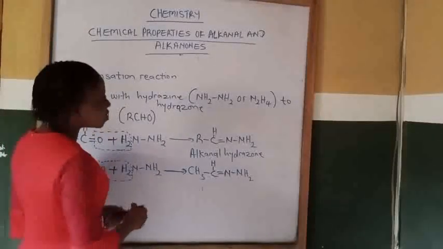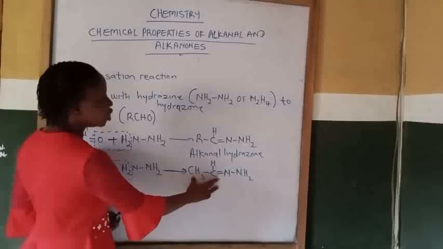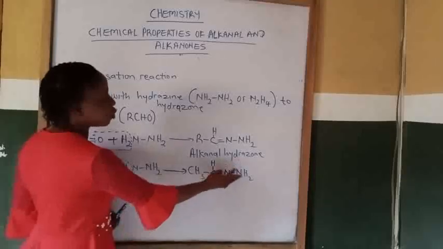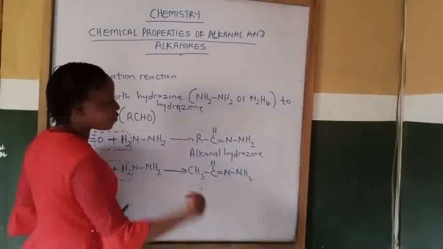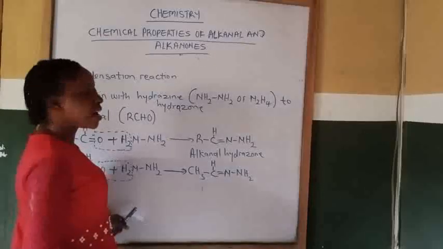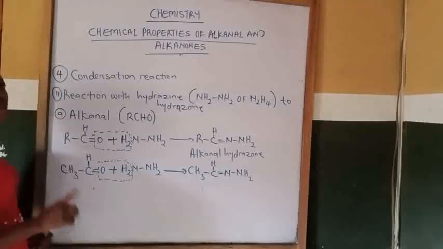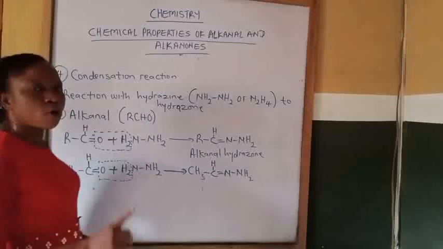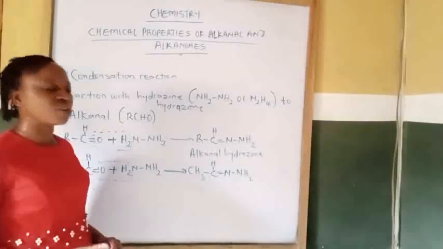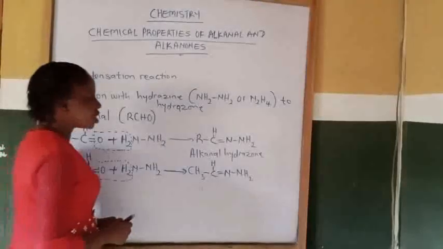You first name the alkanal, then followed by the hydrazone derived from hydrazine. Don't forget that loss of one hydrogen atom from hydrazine will give you hydrazone.